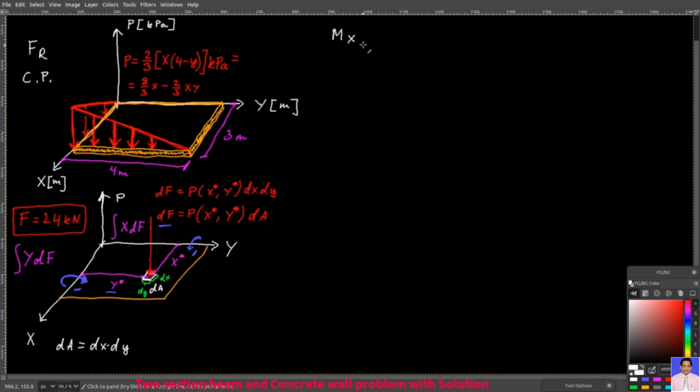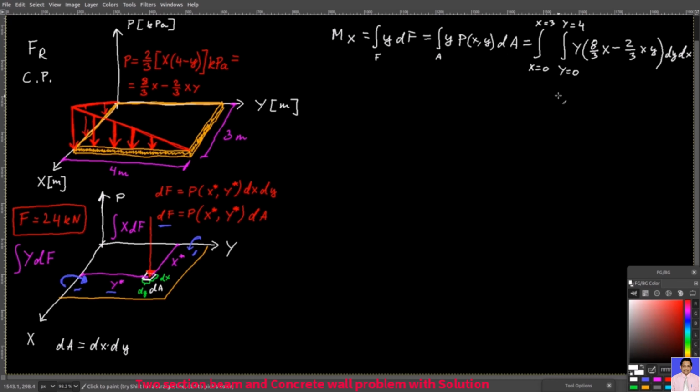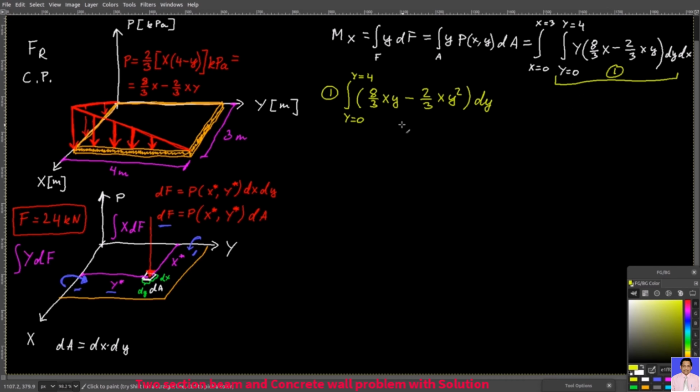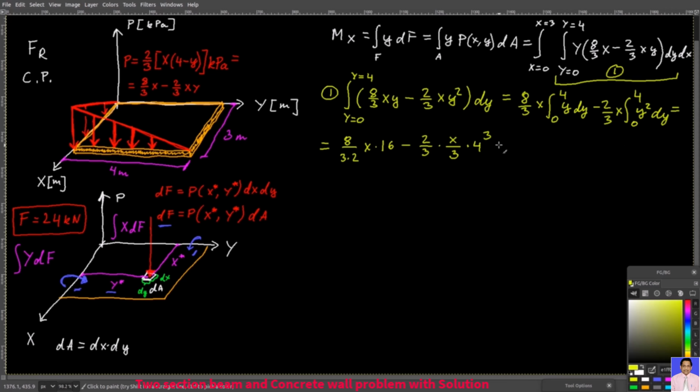The moment about the x-axis will be y times dF, and then you integrate that, or you can write y times the pressure function times dA, and so it equals this double integral. Let's evaluate the inner integral first. So this is your inner integral. You can rewrite it like this, and so this is what you will get. This is a more compact form, and this is the final result of the inner integral, 64 over 9 times x.